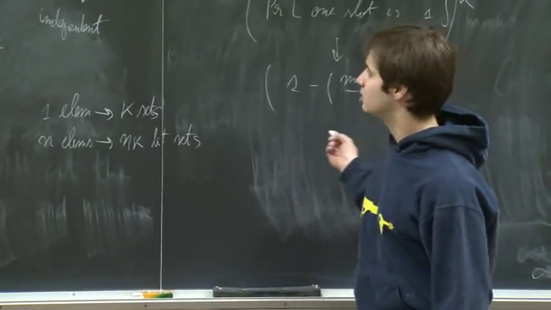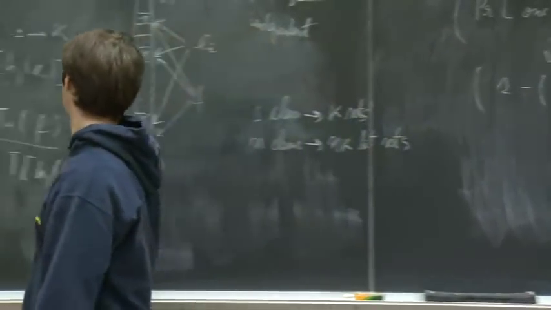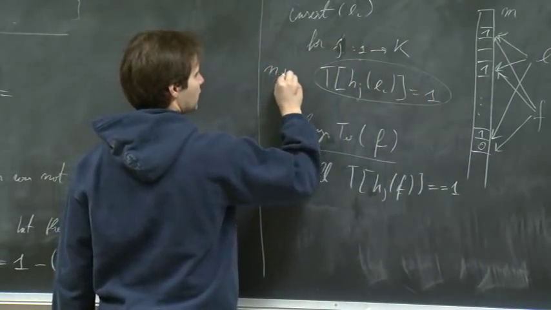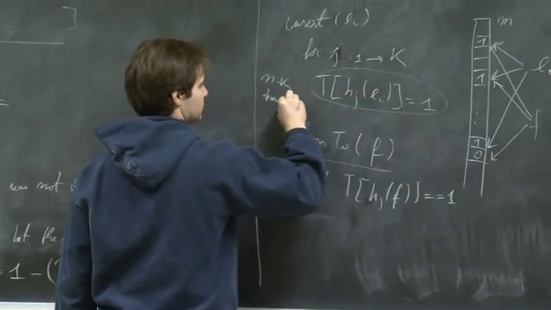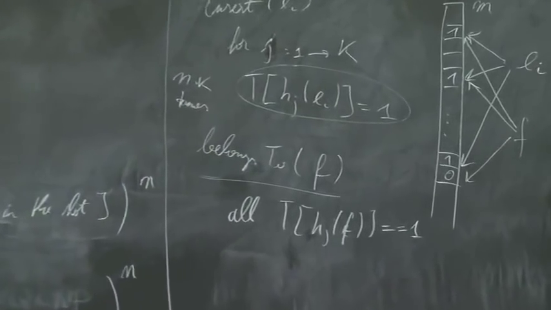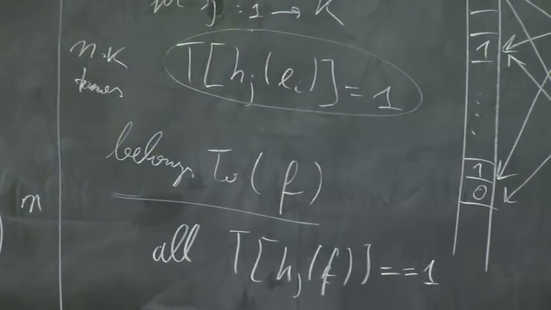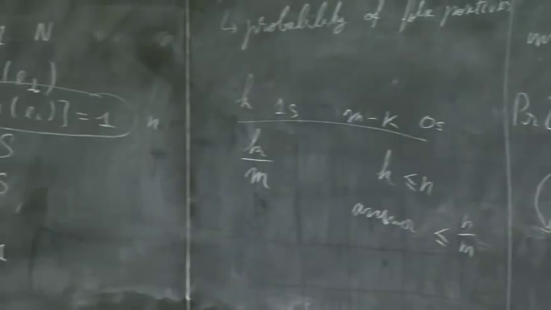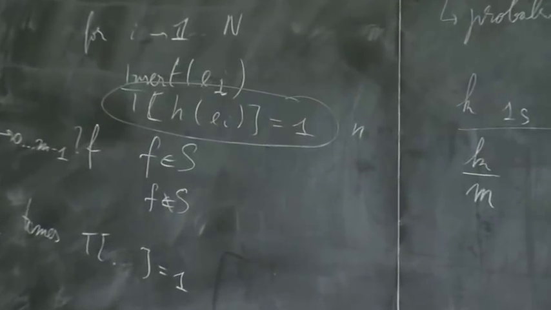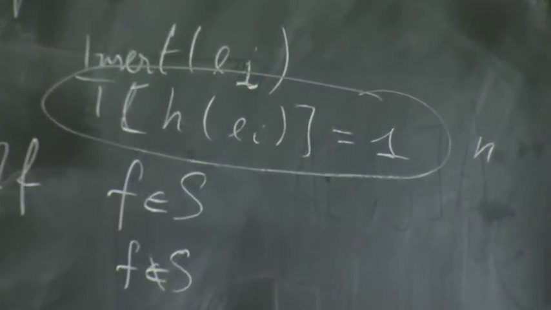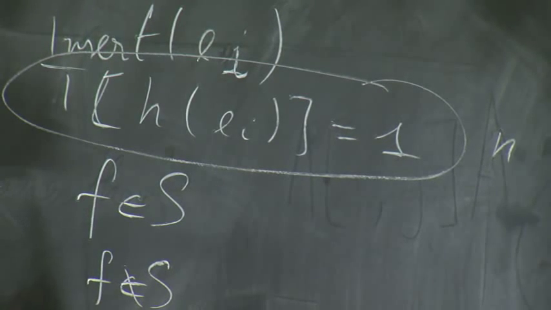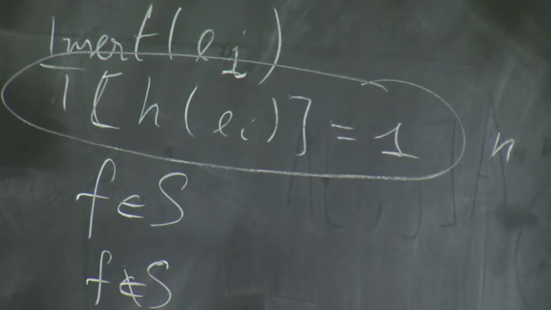So this thing gets run n times k times, whereas here, the set operation gets run n times in total. That's the difference in the two problems. Here you have one hash function for each element. Here you have k hash functions.